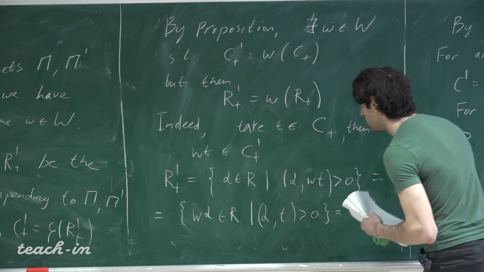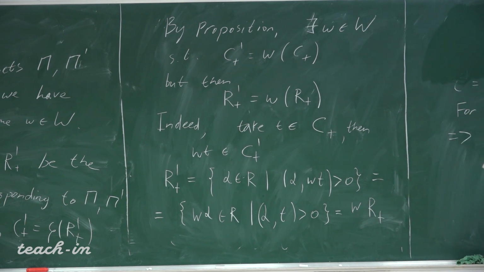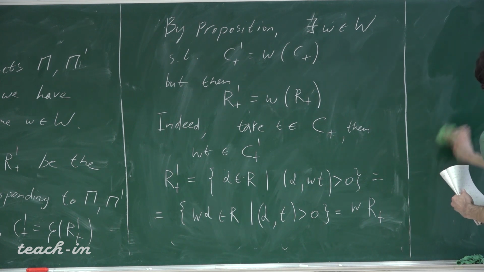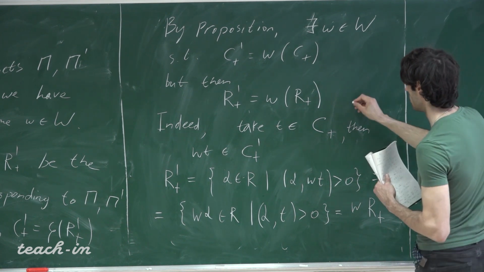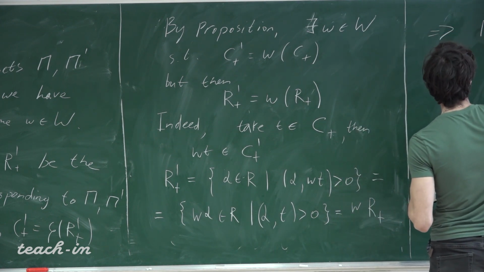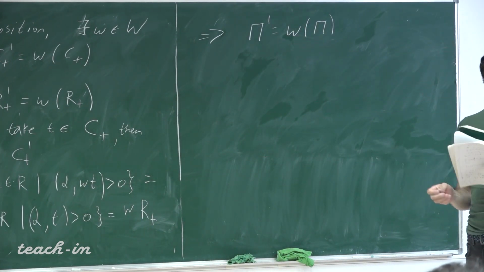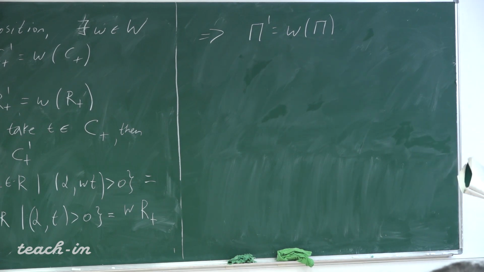And finally, this actually already means what we want. So therefore, pi prime is W of pi. This is just because W maps simple root to simple root. Right?